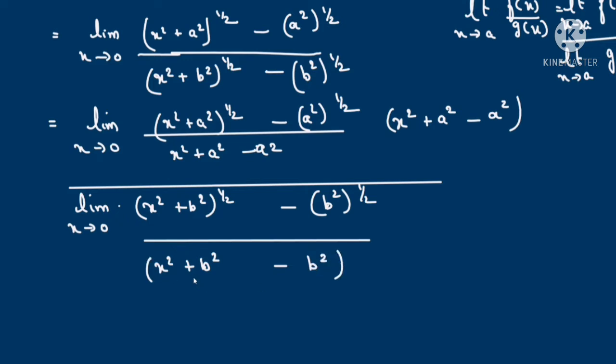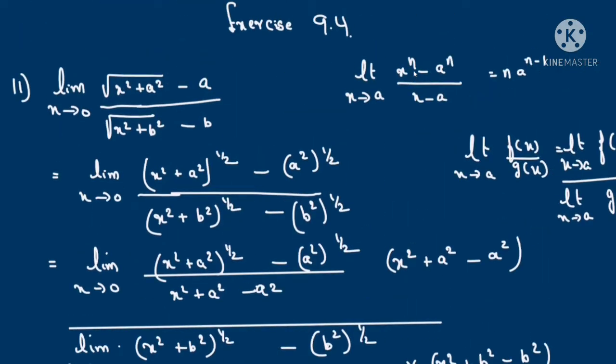It is not there. So you divide and multiply by the same term x square plus b square minus b square. So we have brought it in this form, x power n minus a power n by x minus a.